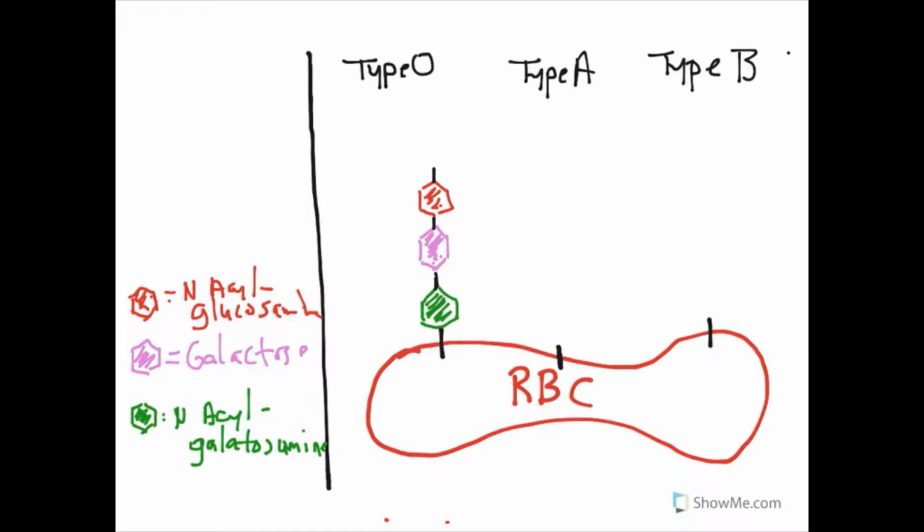I'm going to use the purple again here for galactose, and we're going to take our galactose molecule and put a galactose here. All right, so we know that is galactose because we've already used that color before.